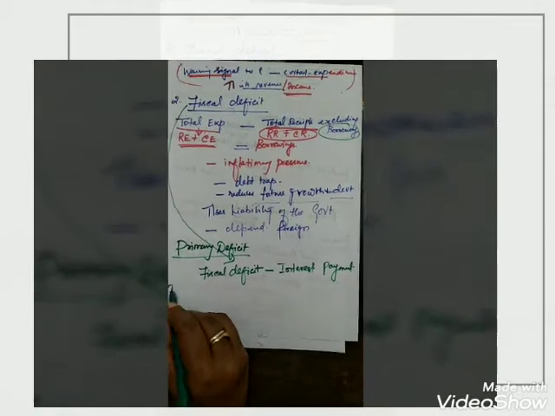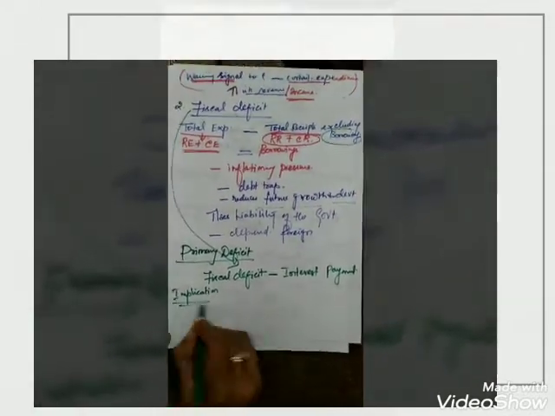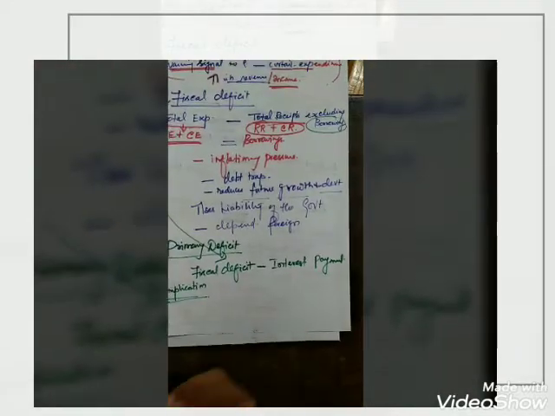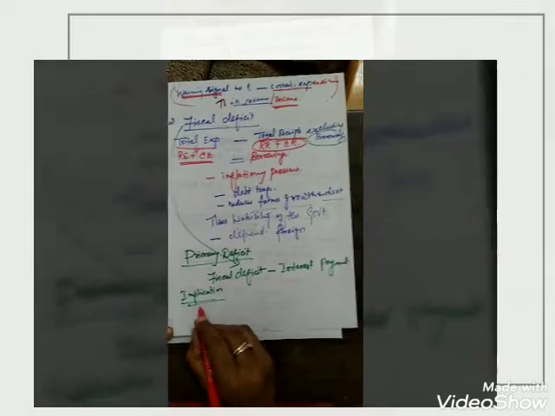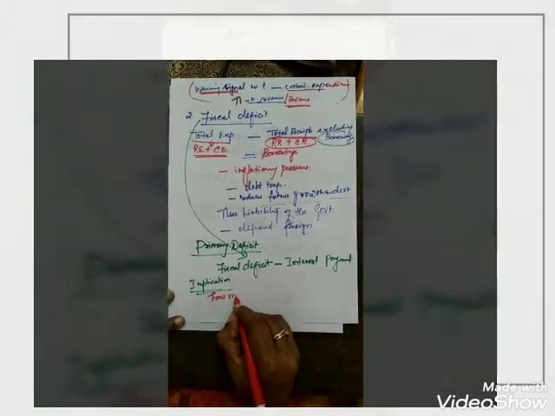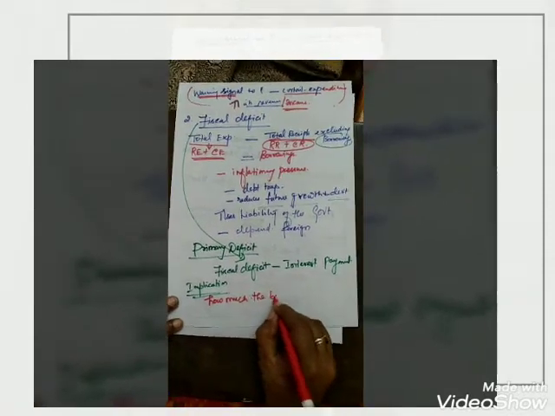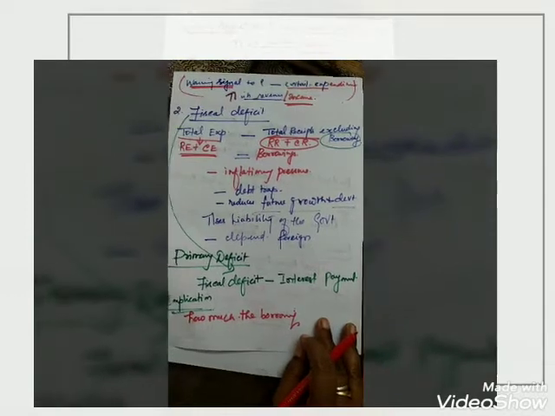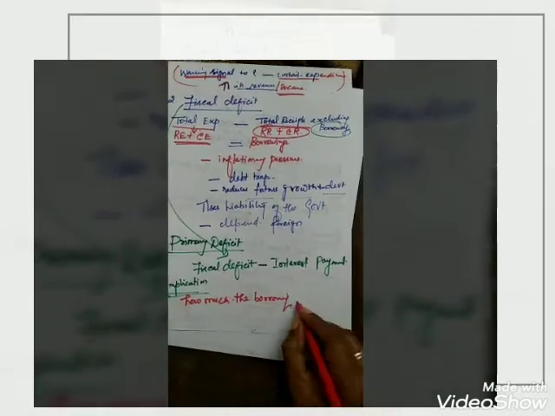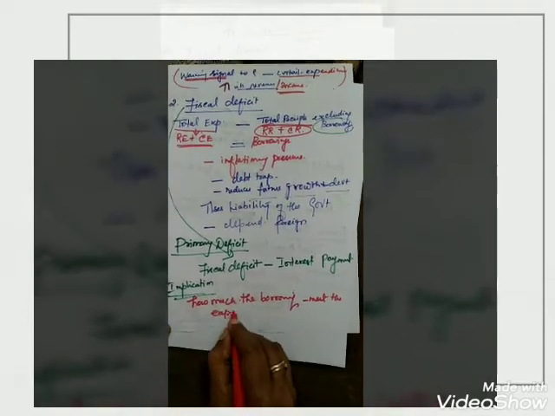See, what are the implications of the primary deficit in a country? First of all, it indicates how much of the government borrowings are going to meet the expenses.